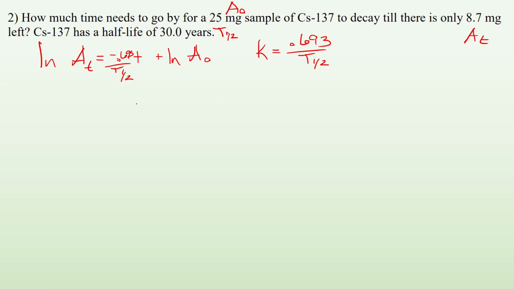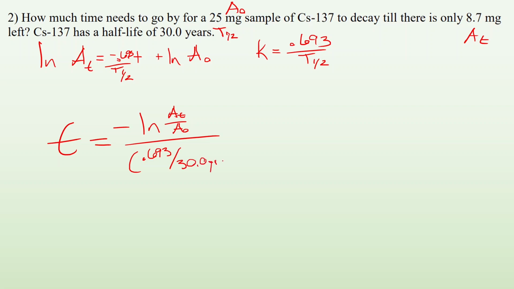Excellent. So if I do some algebra and rearrange this, I'm going to get my T to equal negative natural log of the amount at some time over the amount that I start with, divided by 0.693 divided by 30.0 years. And now I can just plug and chug.